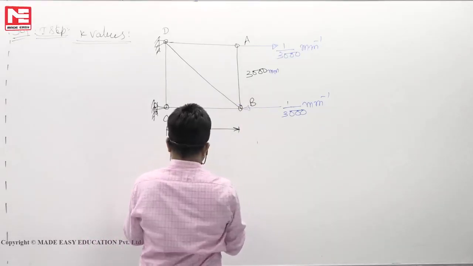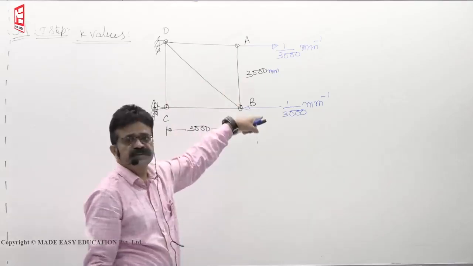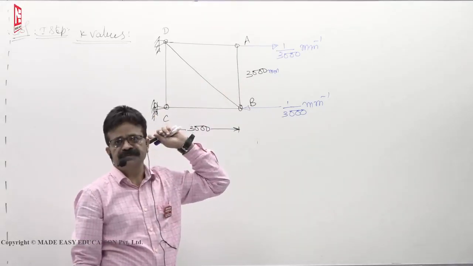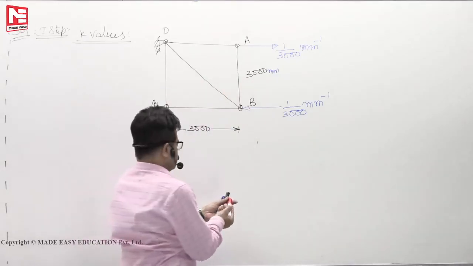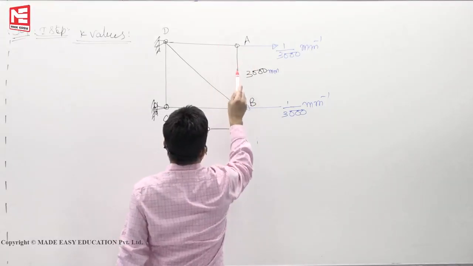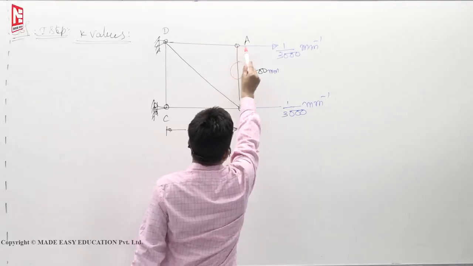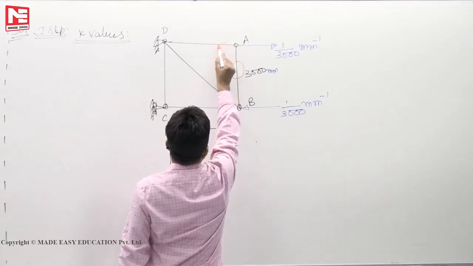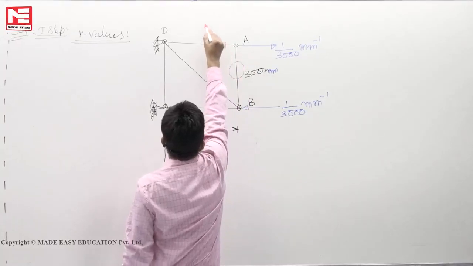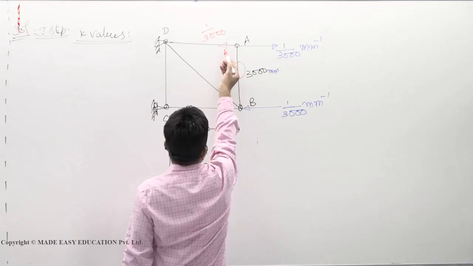Unit couple. And to find the K values, forces in all members due to this unit couple should not take more than 15 to 20 seconds. Let us see how we have to finish. 1, 2, 3. 2 are in line, so third must be 0. This arrow is right side, to balance it, it should be left side. How much? Same, 1 by 3000. Now you see how the arrow mark is.